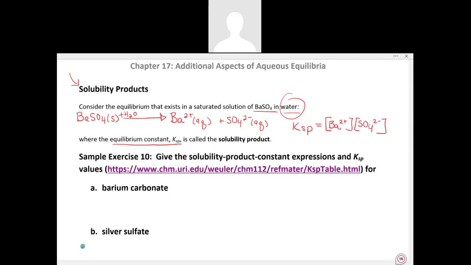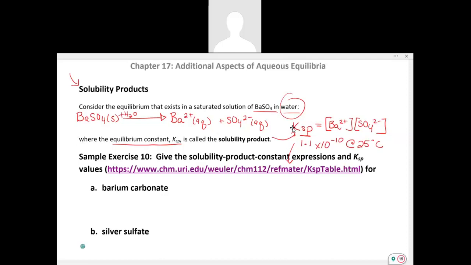And so again, this is my solubility product, and if I needed to look up values for Ksp, there is this website provided here. This link has a table, and the Ksp found for barium sulfate from this table is 1.1 times 10 to the negative 10, and these are always going to be at room temperature, so 25°C.